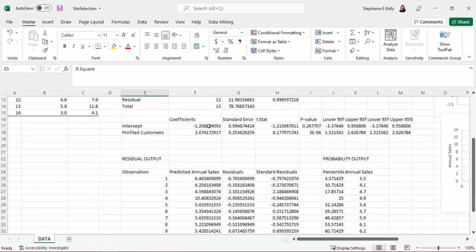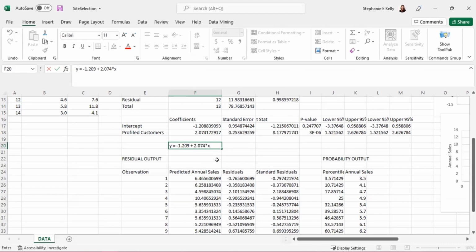Here is where our actual equation comes from. According to our regression equation, Y, our dependent variable, which is annual sales, is equal to negative 1.209, we'll say, this intercept, plus our beta coefficient, which we'll call 2.074, times our independent variable.